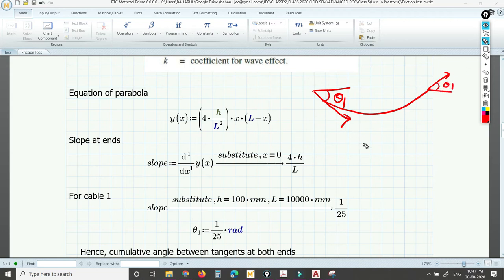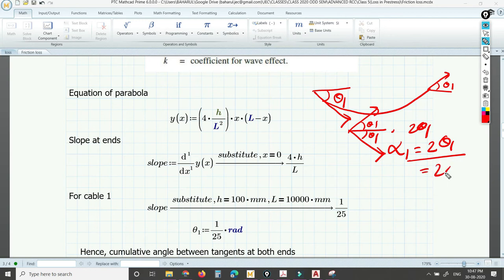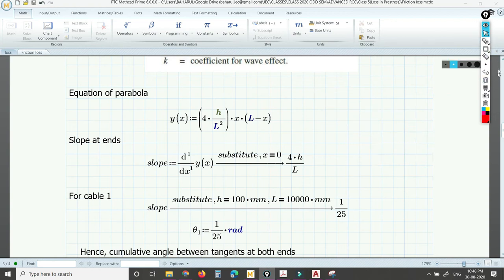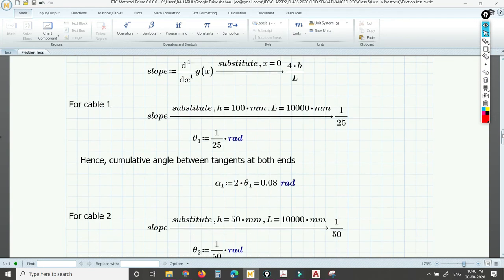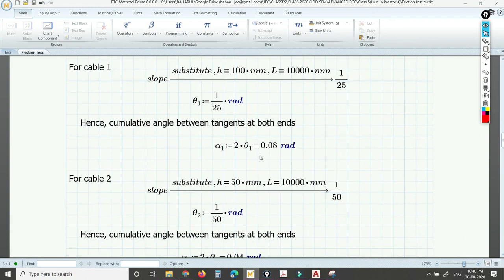So the amount by which the tangent has rotated is theta 1 plus theta 1, which is twice theta 1. This is the cumulative angle. Alpha 1 is equal to 2 of theta 1, which is 2 of 1 by 25. So alpha 1 for the first cable is 0.08 radian.